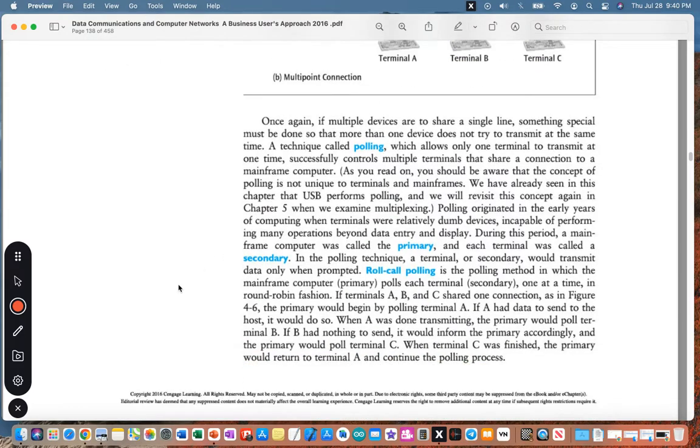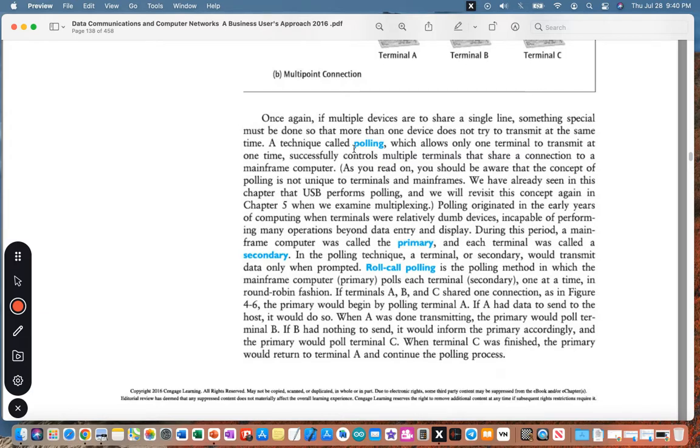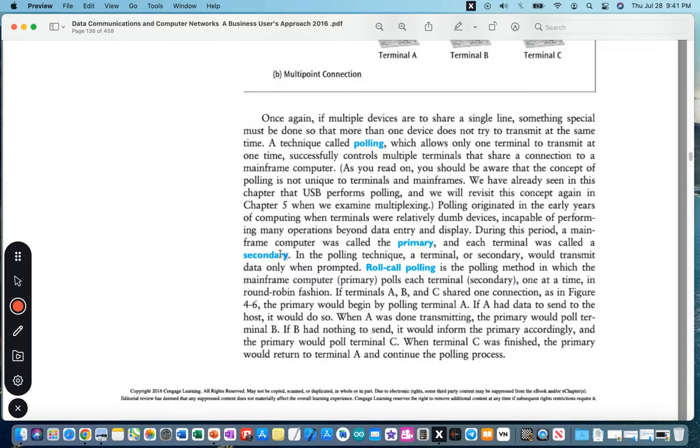All right. And technical polling allows only one terminal to transmit at one time. It successfully controls multiple channels. You poll, go around them, then you repeat the round, then you repeat, then you repeat. You keep polling. During this period, the mainframe computer is called the primary, and each terminal is called the secondary, and this is called roll call polling.